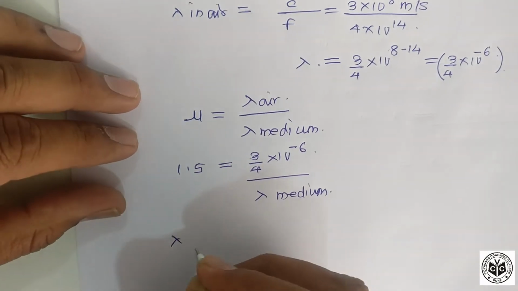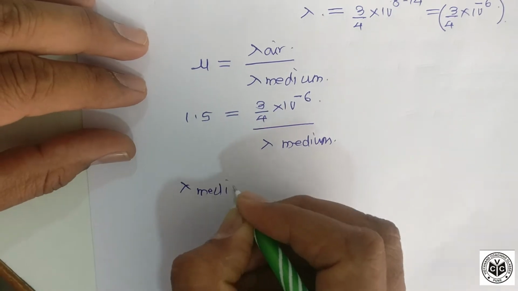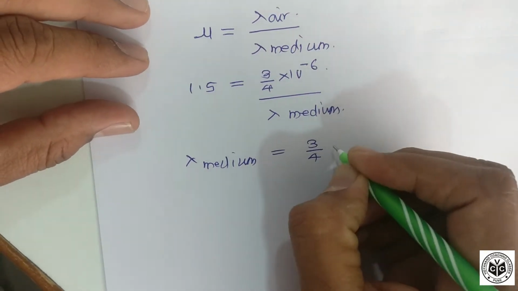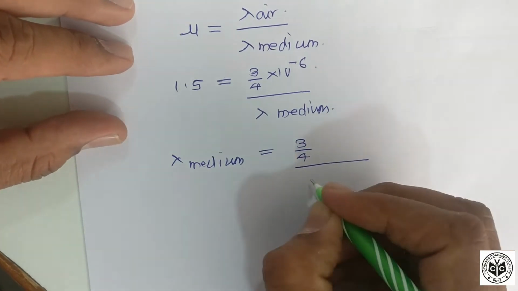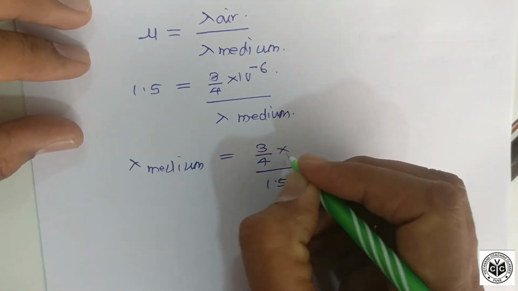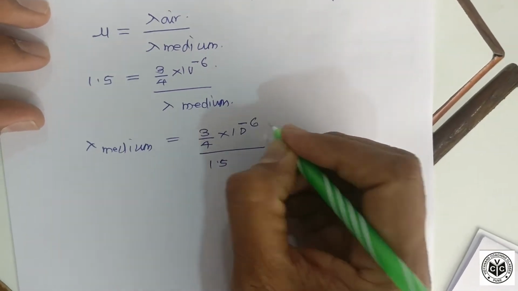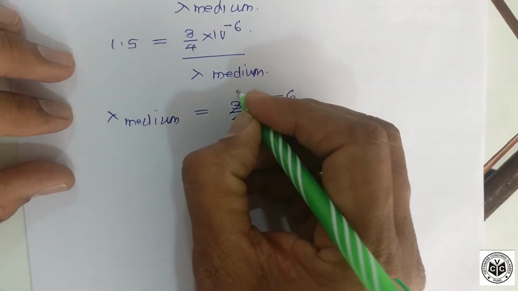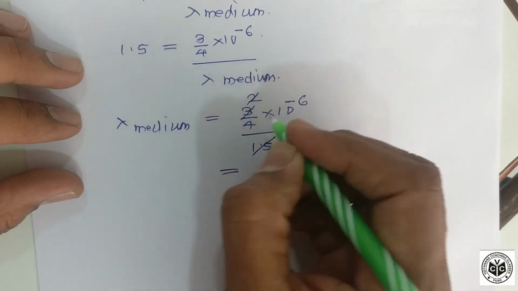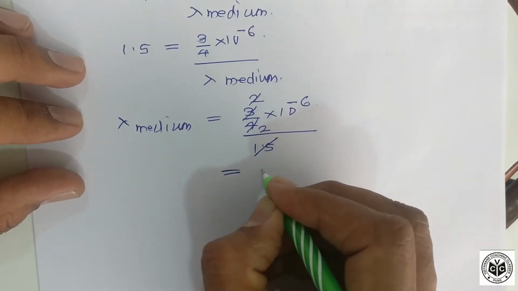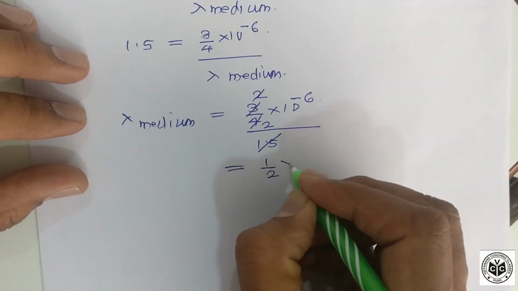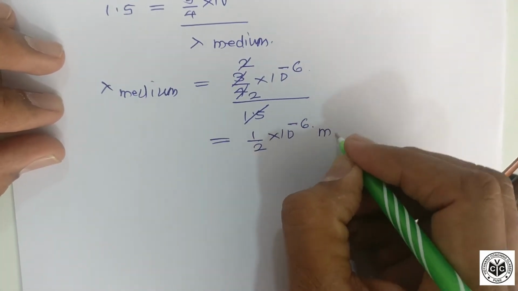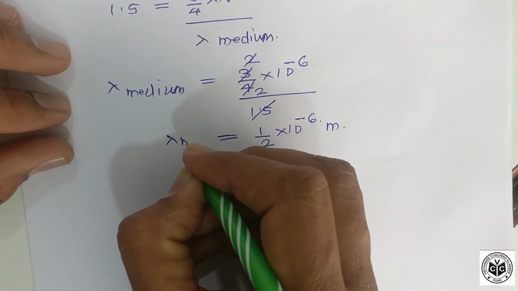So lambda medium equals 3 by 4 upon 1.5 into 10 raised to minus 6. So it is nothing but 1/2 into 10 raised to minus 6 meter. So lambda medium, you got it.